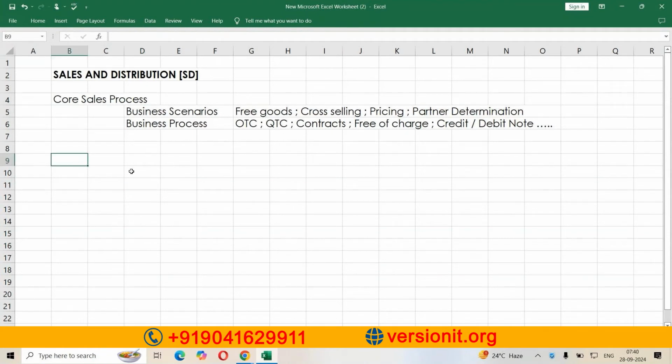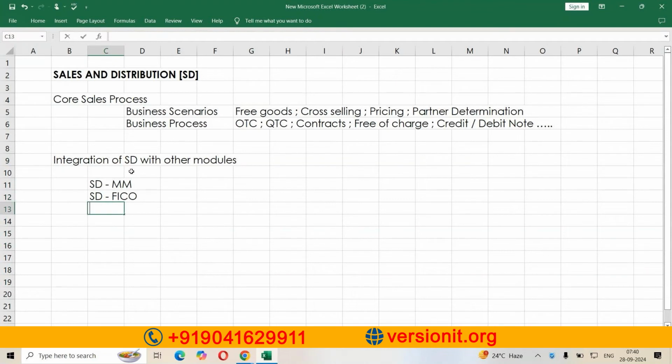And apart from that, we try to work out with the integration life cycle, integration of SD with other modules. Like for example, we try to work SD with MM. We try to work with SD with FICO.